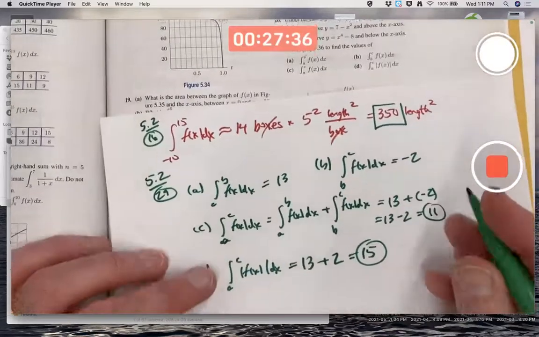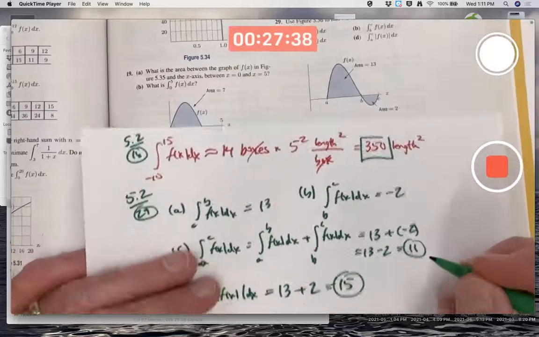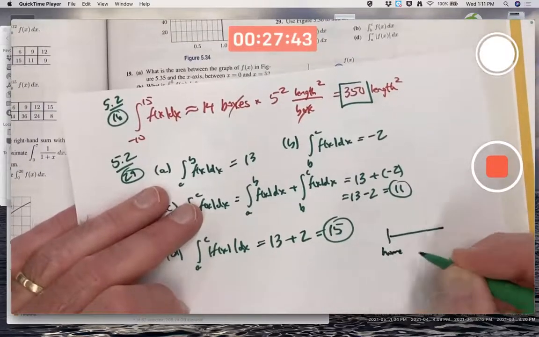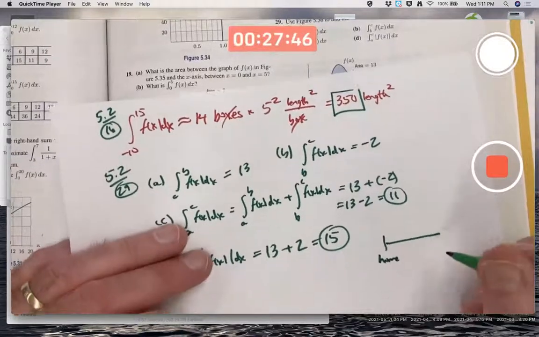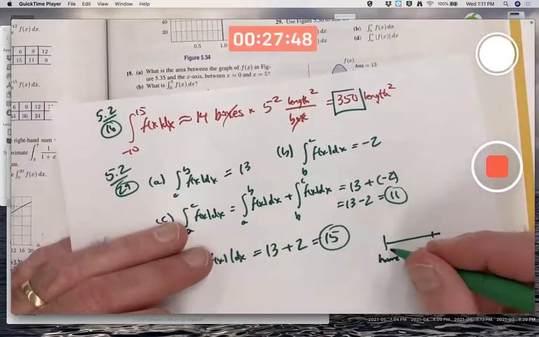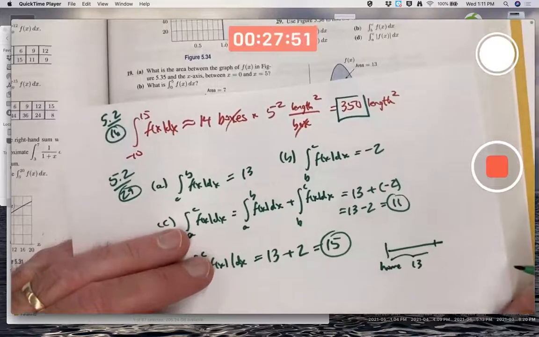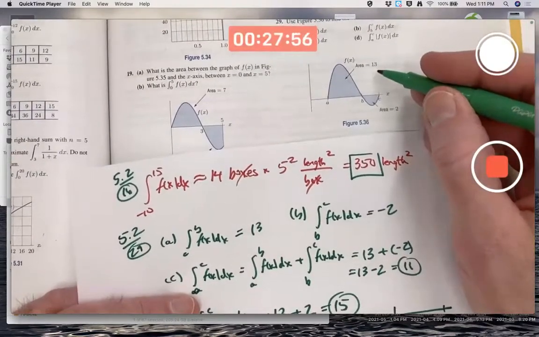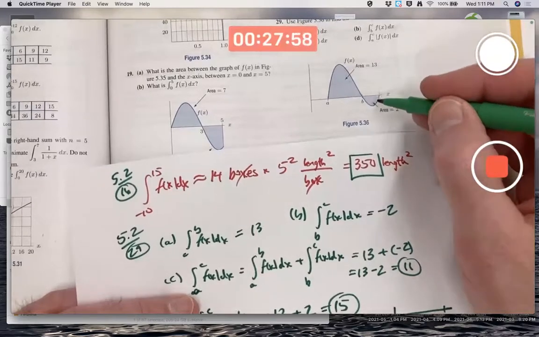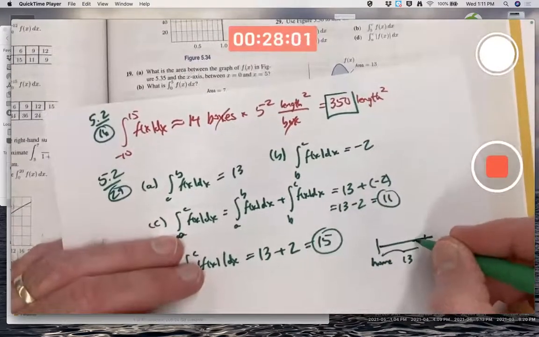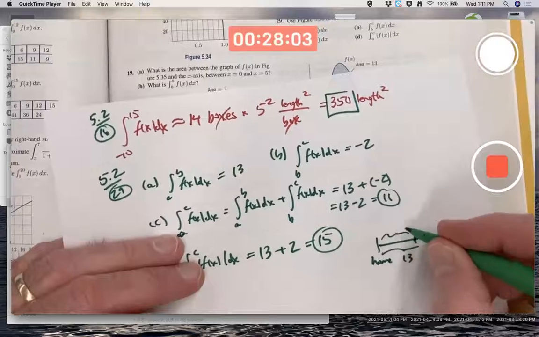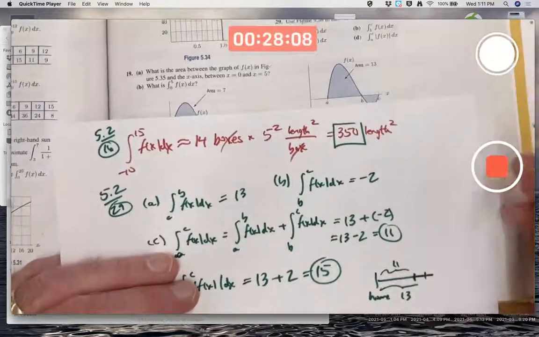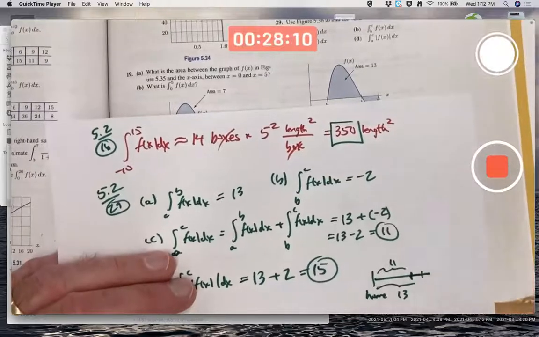You're moving, say, away from home from time A to time B. If home is right here, say you start at home, by the time you get to time B, this distance right there is 13, because this area is 13, and the area will represent the change in position. You turn around and go back toward home, you end up 11 units of distance from home by time C. However, you did travel a distance of 15 units.